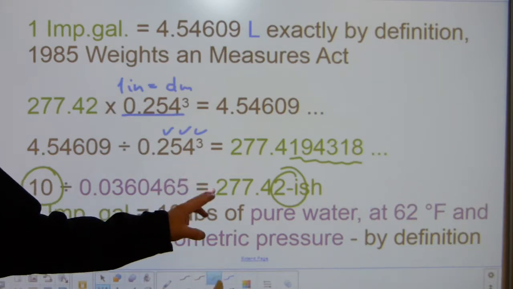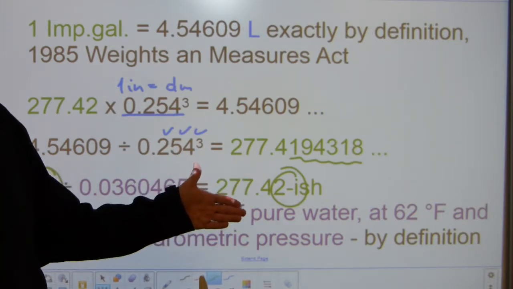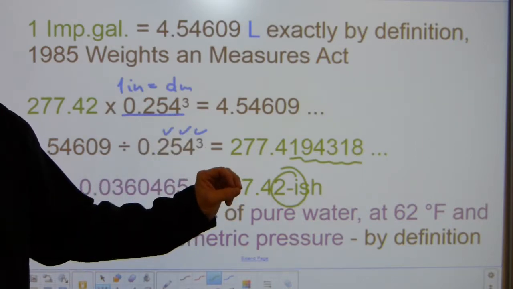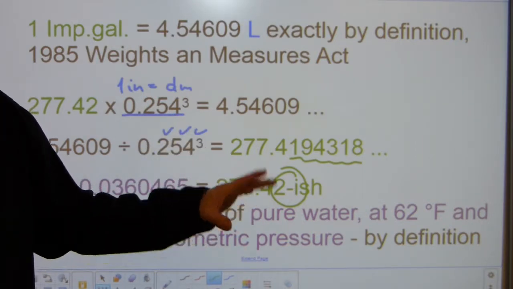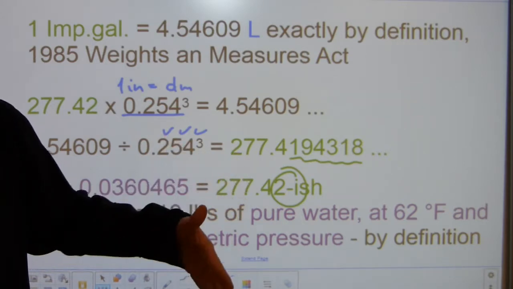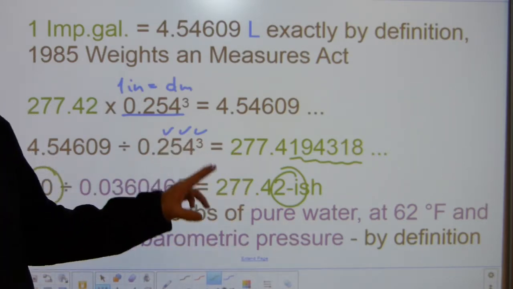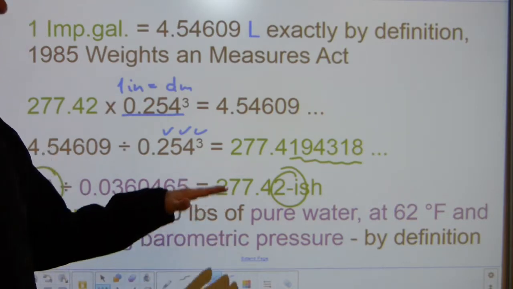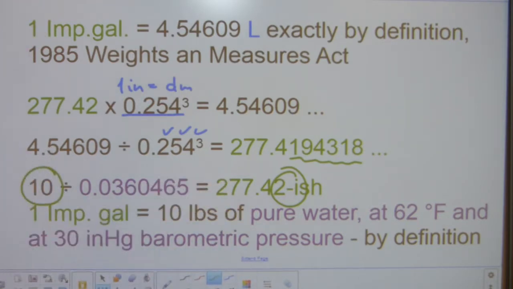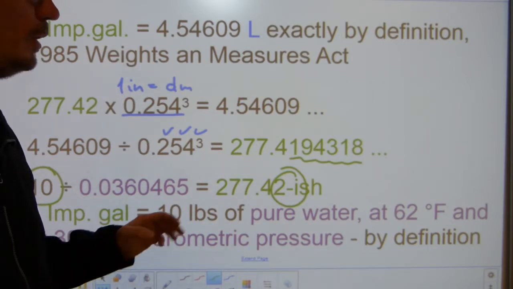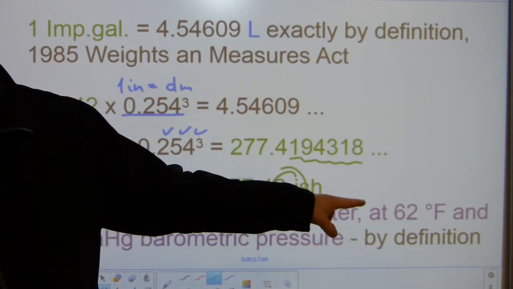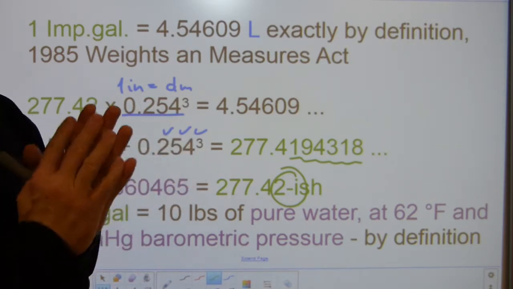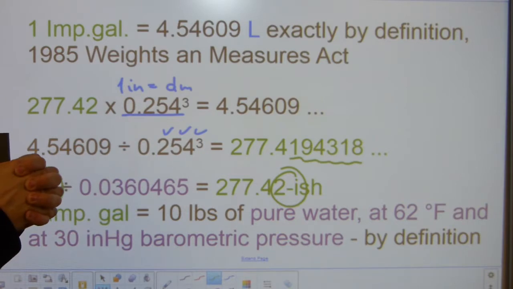And not only is it uncontaminated or pure H2O, it also has to have the chemical proportion of H and O exactly 2 to 1, H2O1. There are different isotopes of water. It can't be of anything else other than H2O1. And this water needs to be weighed at 62 degrees Fahrenheit, which is about 16 2/3, 16.6 degrees Celsius.